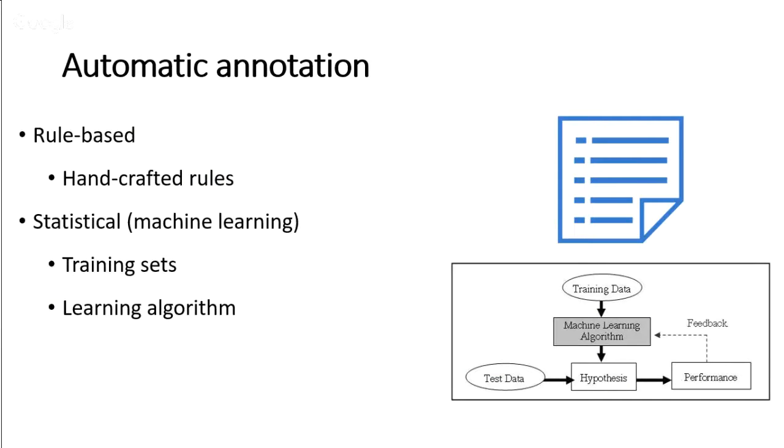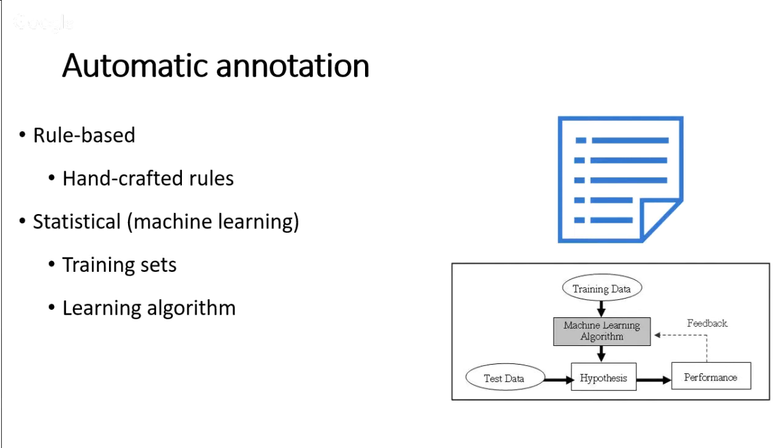But we'll focus on automatic approaches, and there are two main ways of performing an automatic annotation. The first one is also the first one from a historical point of view. It's rule-based annotation. That consists in having a list of rules that specify how to annotate different linguistic phenomena.